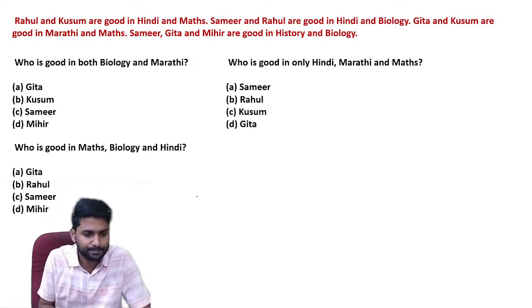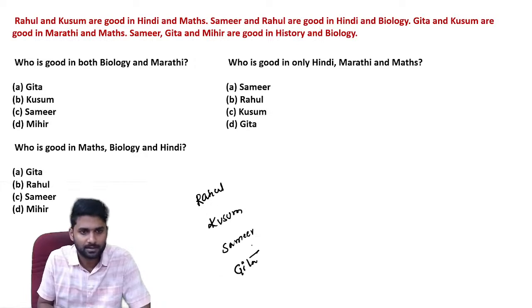Now see here the persons: Rahul, Kusum, Samir, and again we have Rahul's information, Geeta, next, Mihir. So these are the five people.